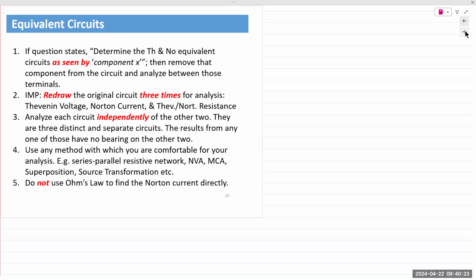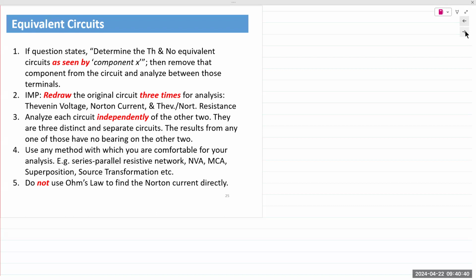Now, the measurement terminals, or as I sometimes like to say, the terminals of interest, may be either given to you in the problem or stated as part of a component.